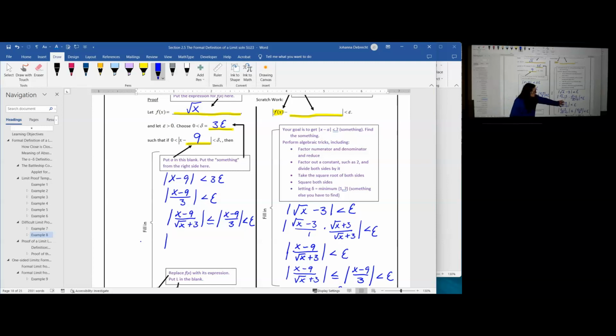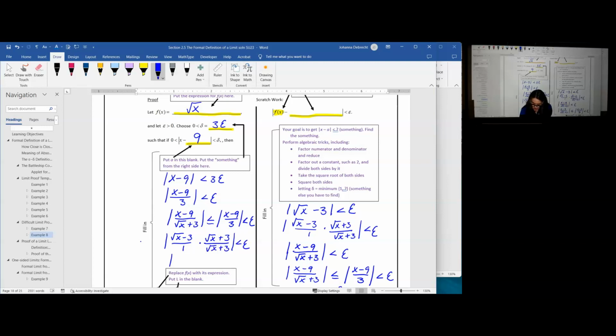which puts me at this step here. And I break it apart by factoring the x minus 9 into square root x minus 3 and square root x plus 3. I don't know if you knew you can do that, but you absolutely can. So this then becomes the square root of x minus 3 over 1 times the square root of x plus 3 over the square root of x plus 3, which is less than epsilon.